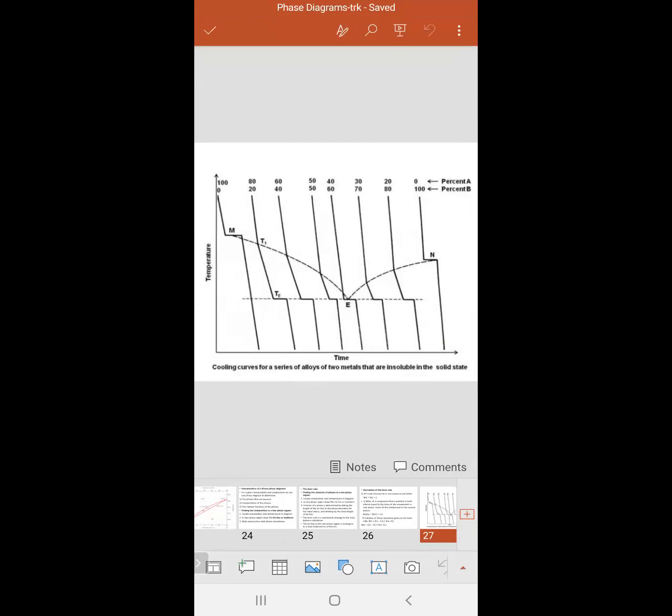At that constant temperature, the total liquid changes to the solid phase at one temperature, the eutectic temperature.